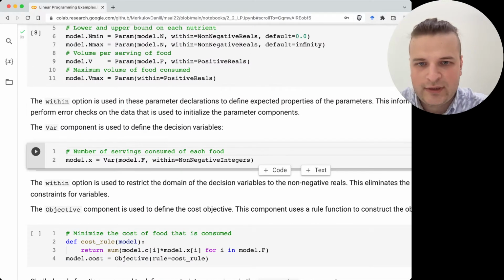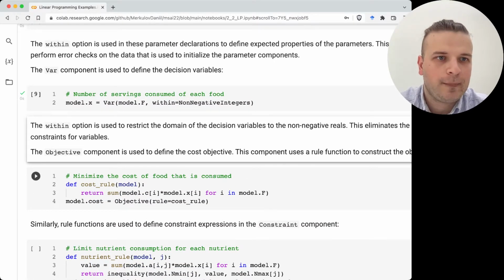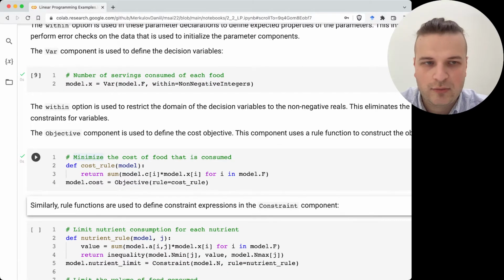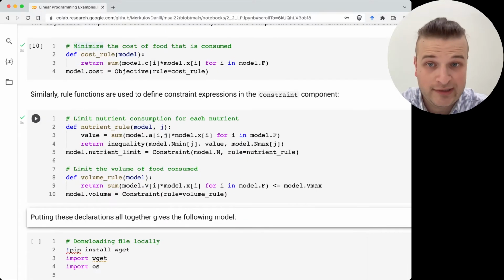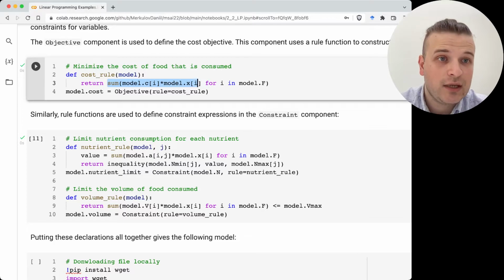Now we formulate our variable here, which is the amount of each food that is needed to be consumed. Here we formulate our cost function or objective function, which is linear. You can see it. Here is the sum of these pair products.